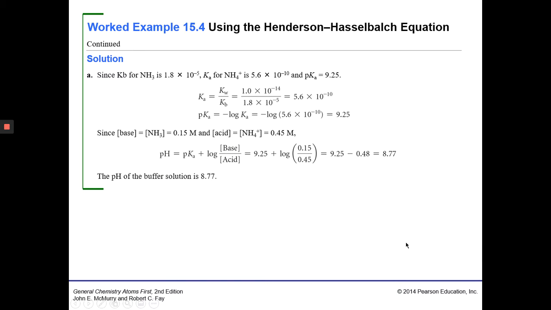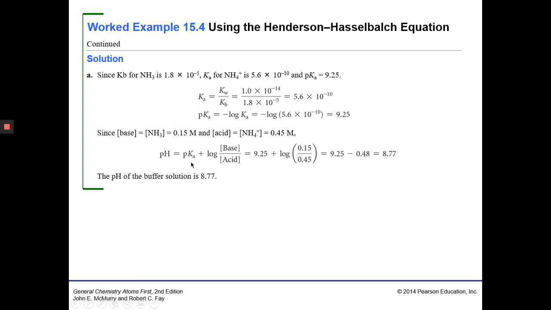So this is the buffer equation down here. pH equals pKa plus the log of the base over the acid. We would simply substitute our base, which is the ammonia, and our acid concentration, which is the NH4 plus, into this equation. Where do we get the 9.25? That's something we could look up in the tables.